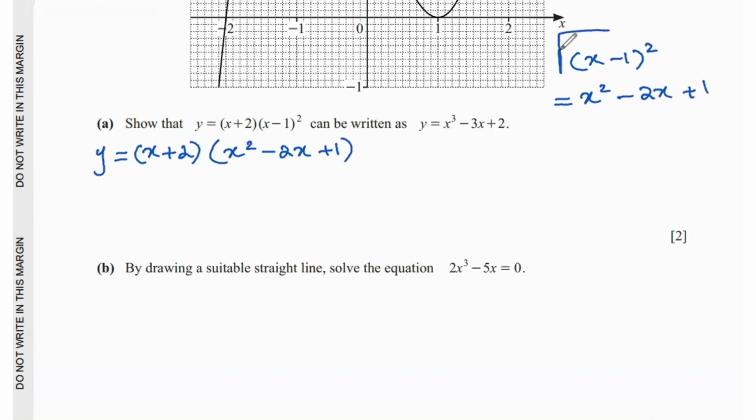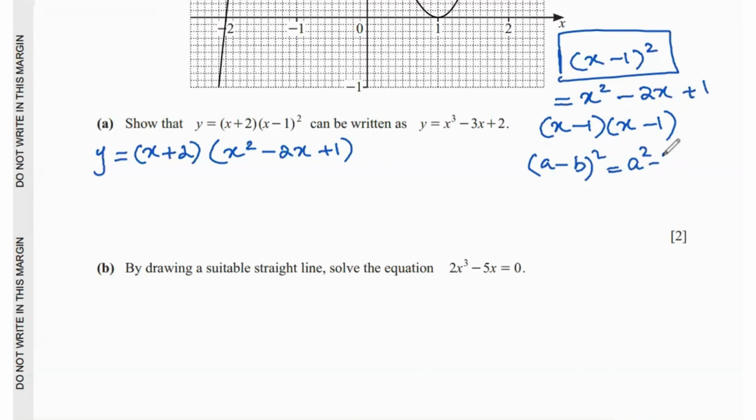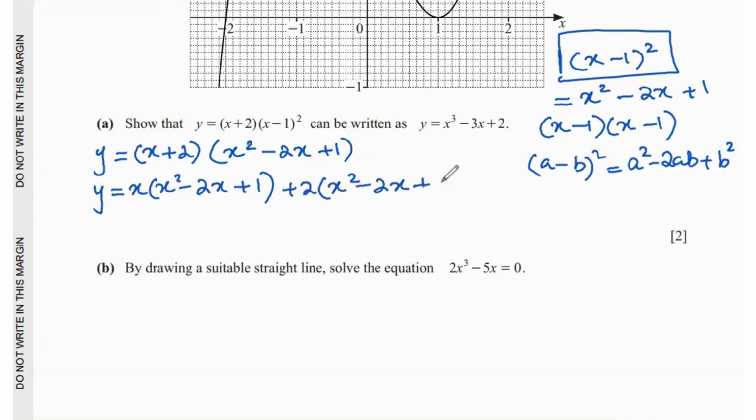Now there are two ways of finding the value of this. Either you can write this as (x minus 1) times (x minus 1) and expand the bracket, or you can use the formula of (a minus b) whole squared, which is equal to a squared minus 2ab plus b squared, a being x and b being 1. So when you expand the bracket, we do x times (x squared minus 2x plus 1) and plus 2 times (x squared minus 2x plus 1).